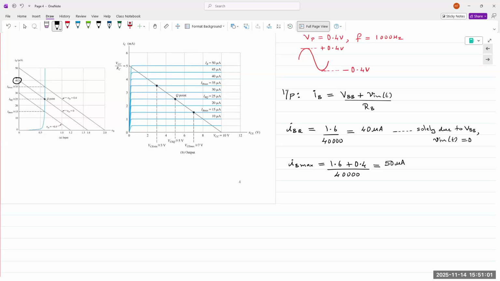And so when input reaches a peak of plus 0.4, IB goes to a peak of 50 microamps. It gives me a second point right there. And then similarly, we find the minimum point.